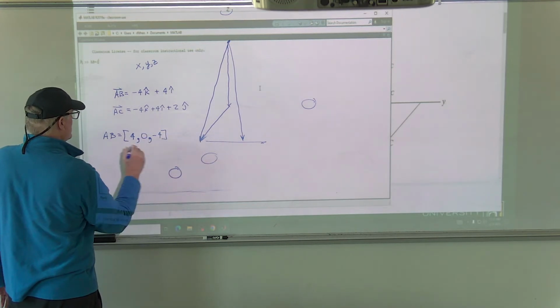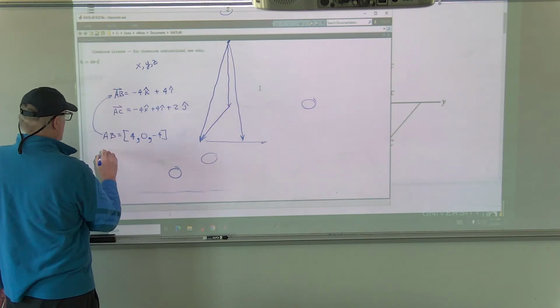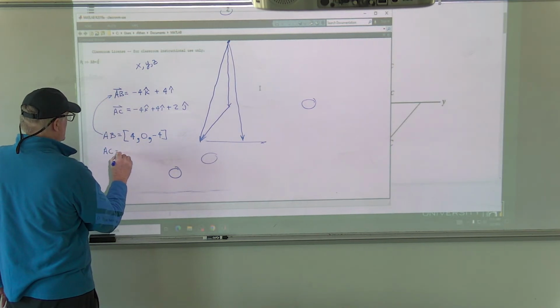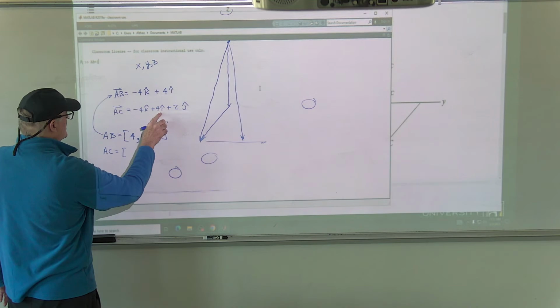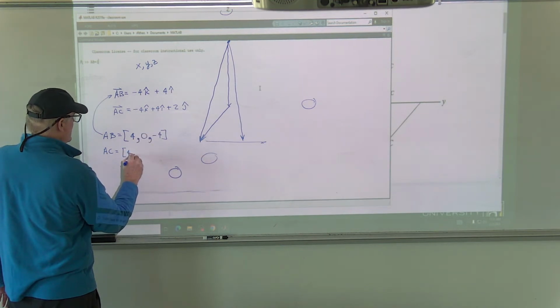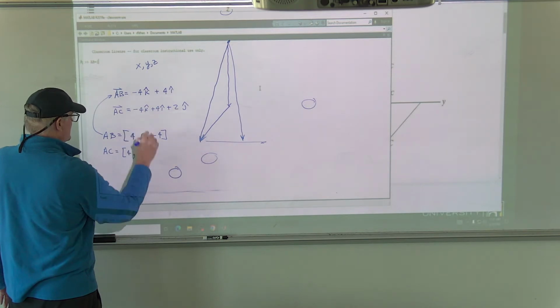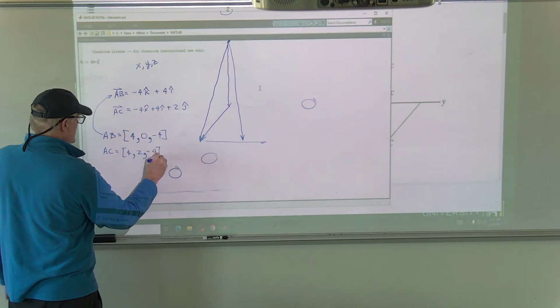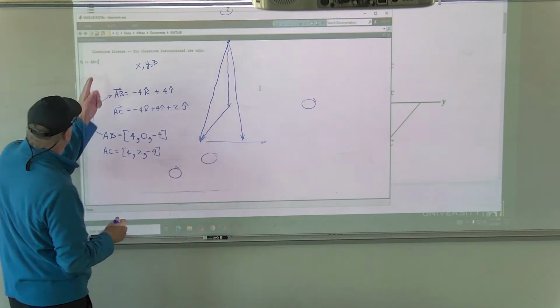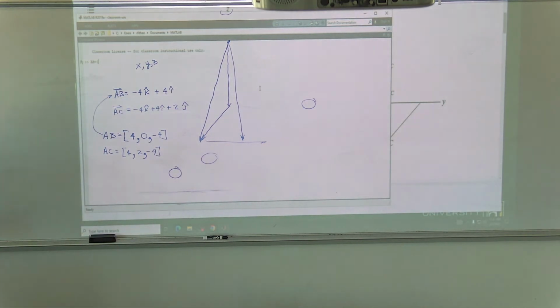For AC, I'm going to put in the X component, the Y component, and then the Z component. So I'll have both these vectors in MATLAB in a second or so. And let's see, I wrote them large enough so I can actually see them.